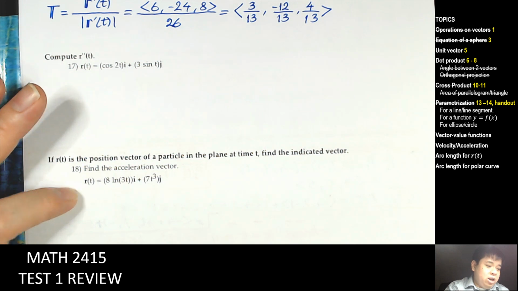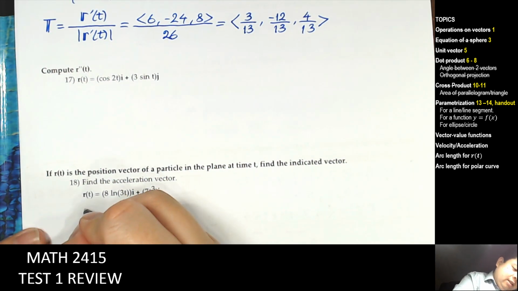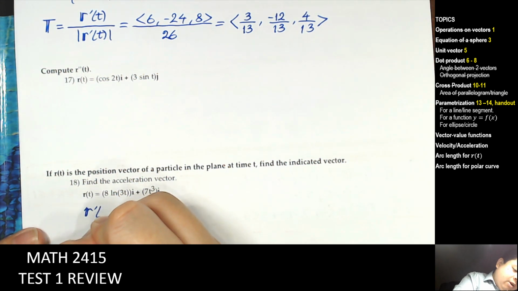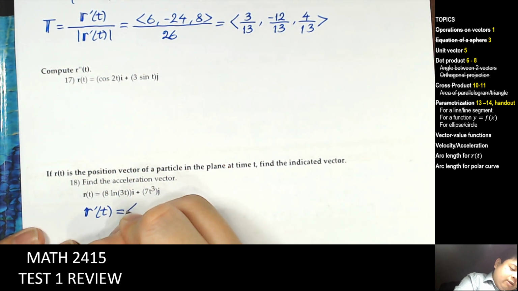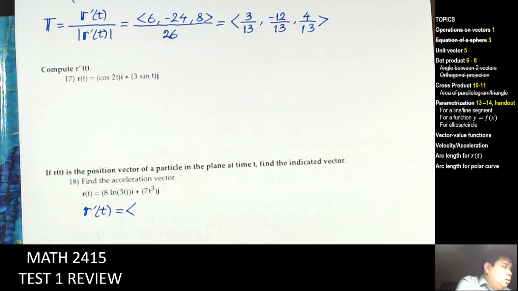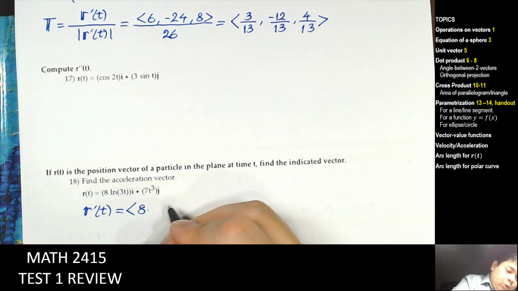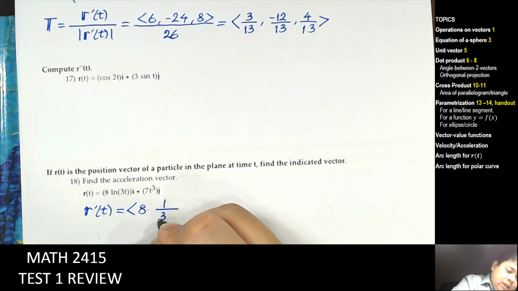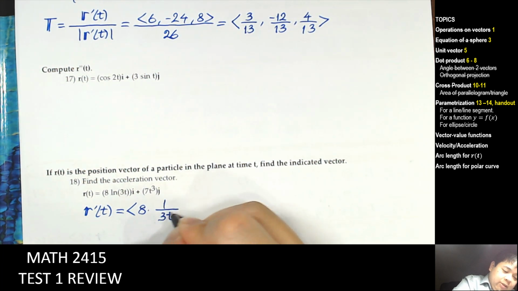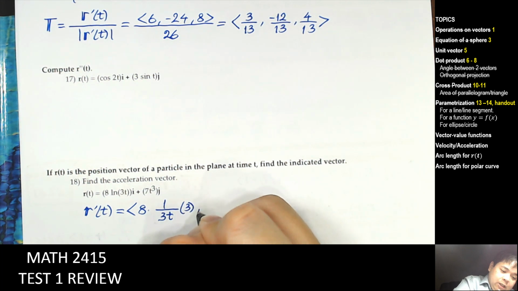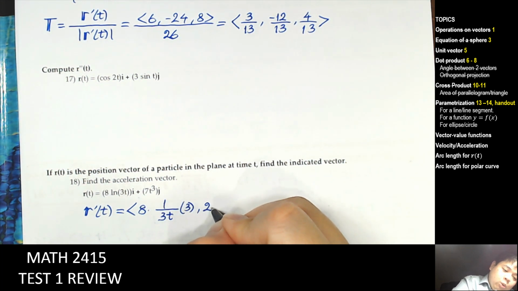So I'm going to do this one instead of 17. First, we'll take the derivative. 8 ln of 3t is 1 over 3t. The derivative of 3t is 3. 7t cubed gives 21t squared.